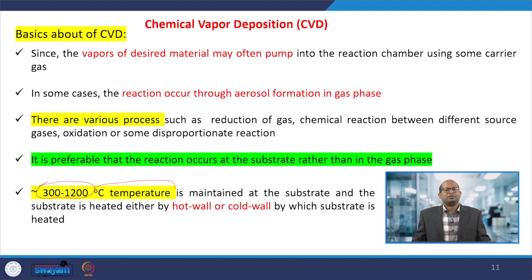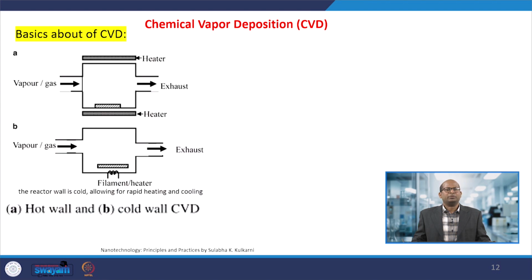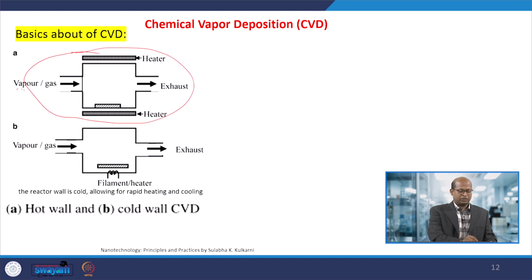Here if you look at the hot wall and cold wall processes, the first one is the hot wall. Some gases or vapor are passed through the furnace. This is the hot element, and the substrate is placed here, and outside of this substrate the heating elements or filaments are placed.